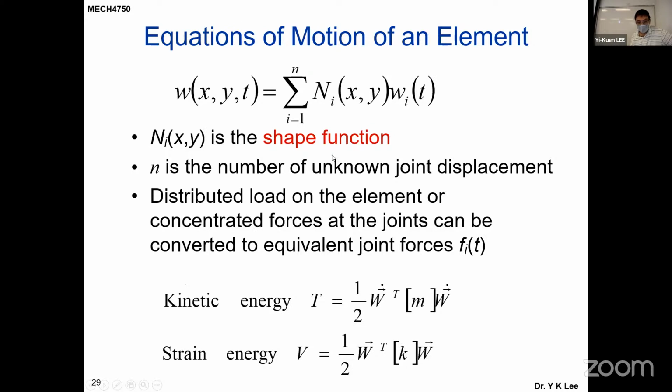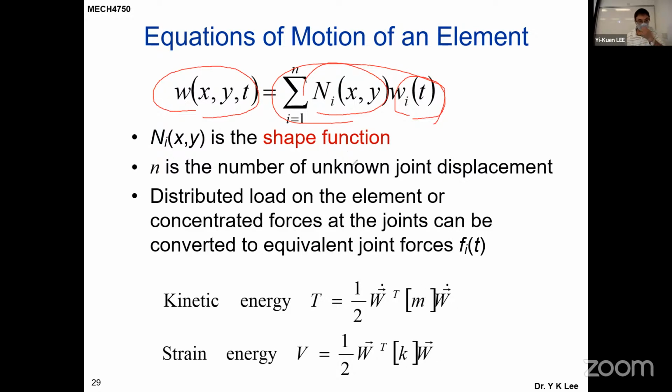As I showed you, we discretize the displacement of x, y at one time into a shape function and a time-dependent function. And then you construct the kinetic energy, and the potential energy, the strain energy, in the spring and mass.